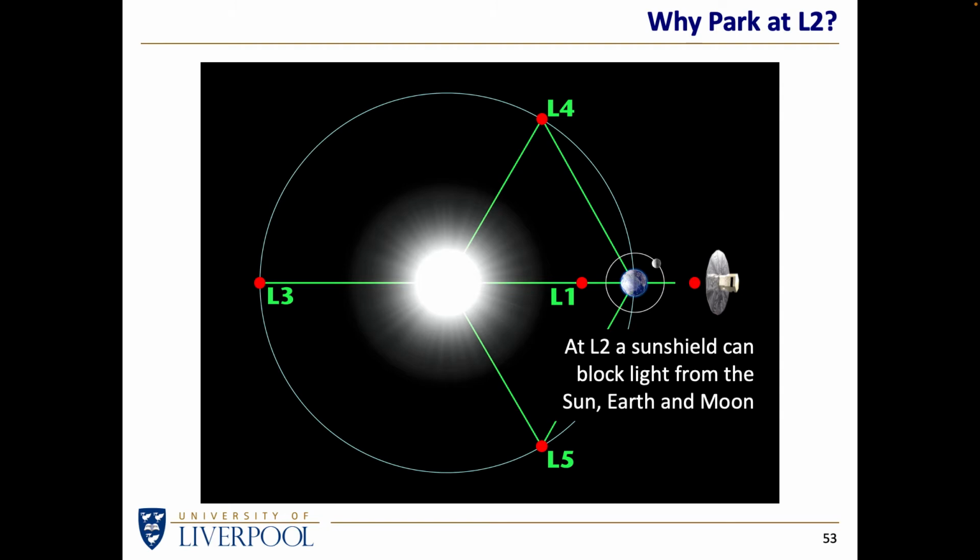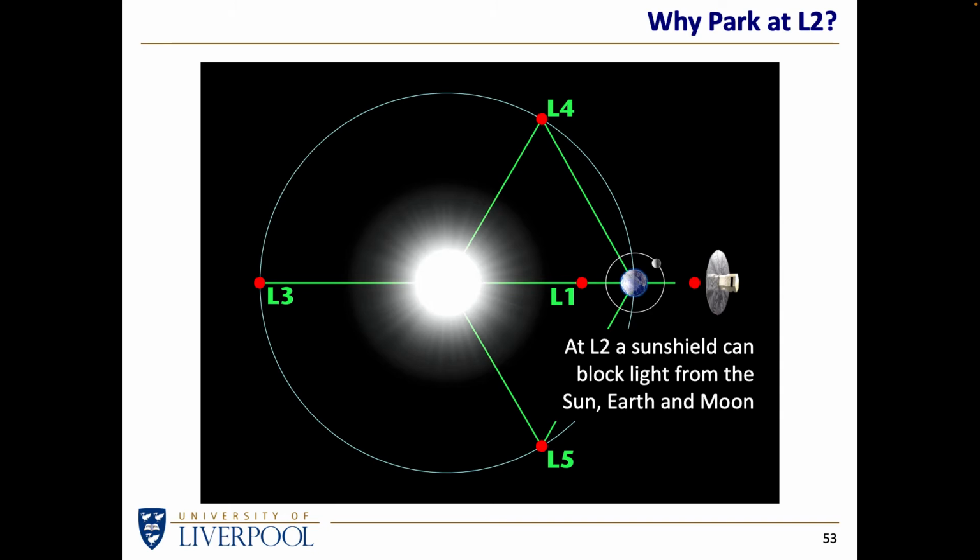Well, the main reason for wanting to sit at L2 is that if you build yourself a sun shield, you'll block out the light from the moon and from the Earth and from the sun all at the same time. You don't have to worry about the moon and the Earth and the sun being in different parts of the sky and having to shield yourself from the light or the heat if you're worried about taking infrared measurements, as in the case of the James Webb.